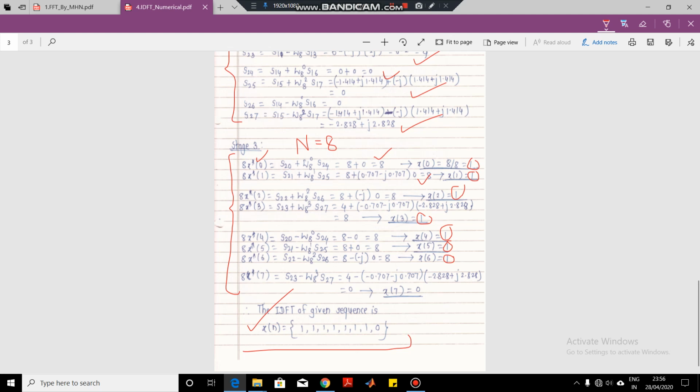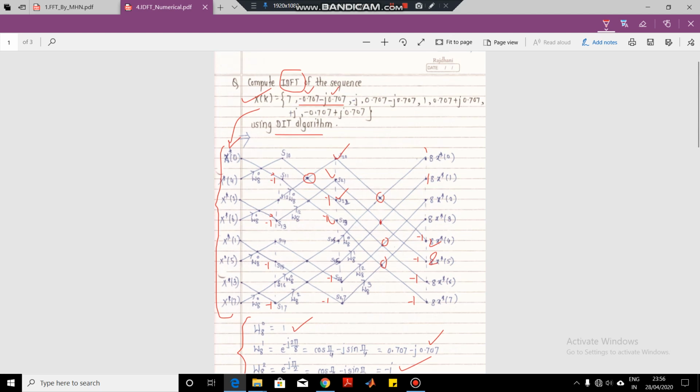But the complex conjugate of all these values, x star of 2, x star of 3, will be the same because there is no imaginary part here. So there is no need of changing any sign of the imaginary part, because it is 0. In this way we can solve the numericals of IDFT using FFT algorithms.